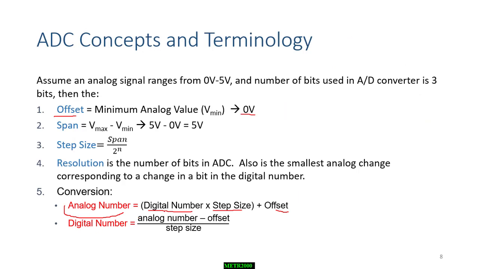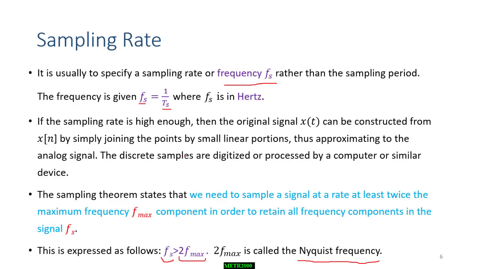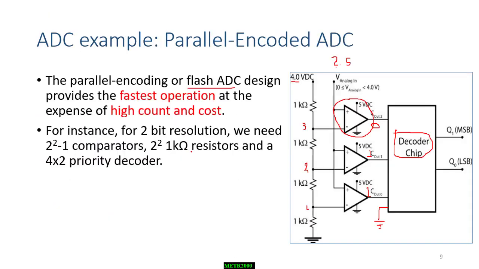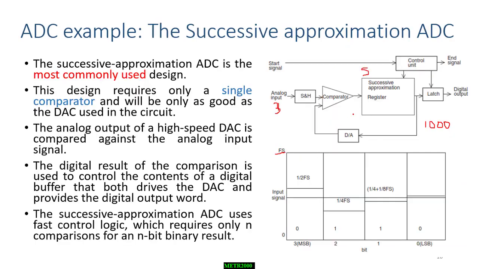I have the digital number, which is 8, and the step size, I know it from here, which is the span over 2 to the power n. Span is 5 minus 0, so 5 over 8. You get the values. Then the first value will be 2.5, which is half of V reference.